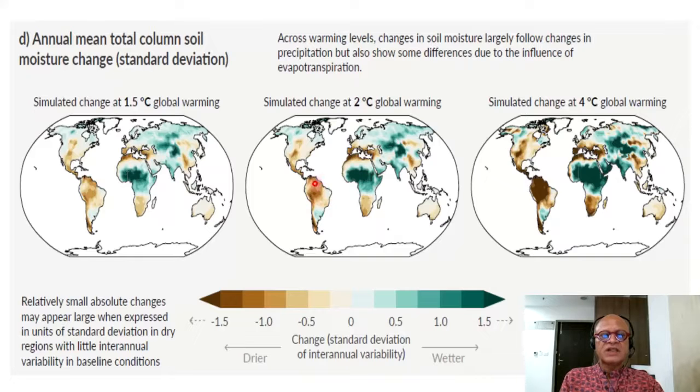There are some regions like the Amazonia shows dangerous loss of soil moisture in standard deviations of interannual variability. So relatively small absolute changes may appear large when expressed in units of standard deviation in dry regions with little interannual variability in baseline conditions. So that is something that has to be remembered.